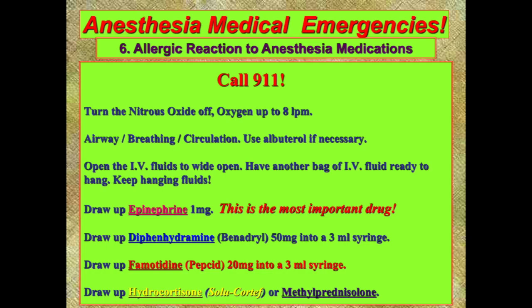Famotidine treats the histamine that's released from the gastrointestinal tract. So we've got those in our emergency drug kit. And then we'd give hydrocortisone or methylprednisolone, called Solu-Medrol, to stabilize the leaking blood vessels, the membranes, that the fluids have leaked out of because of the allergic response, the severe allergic response.